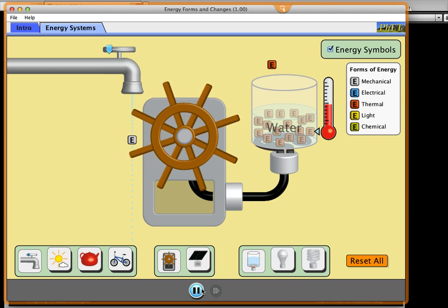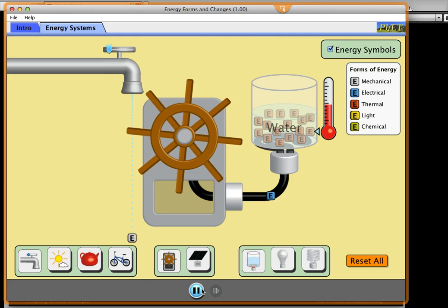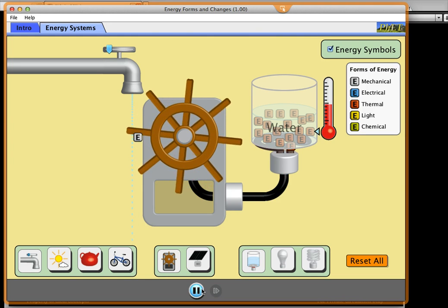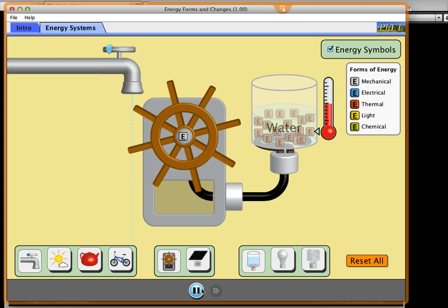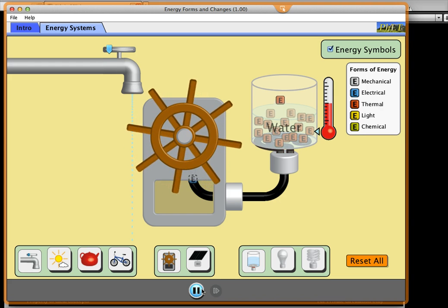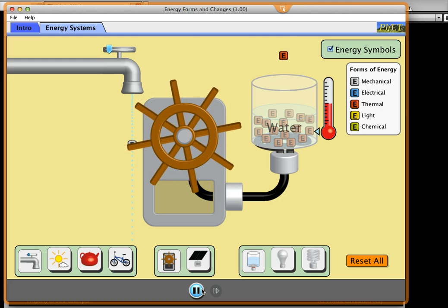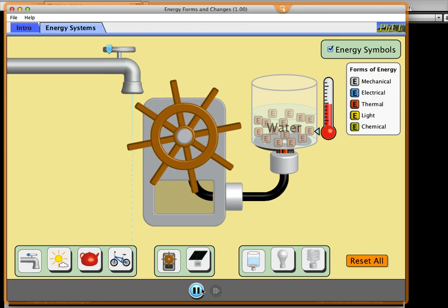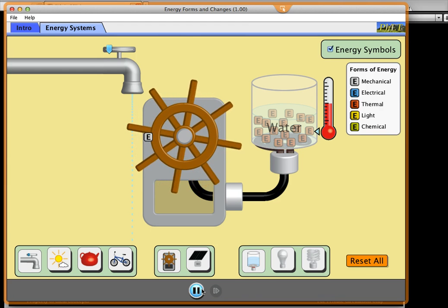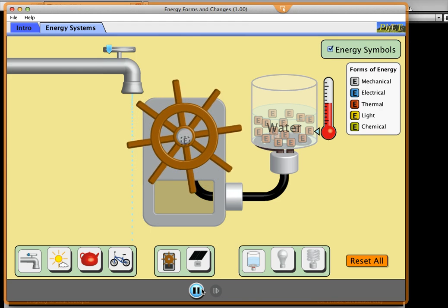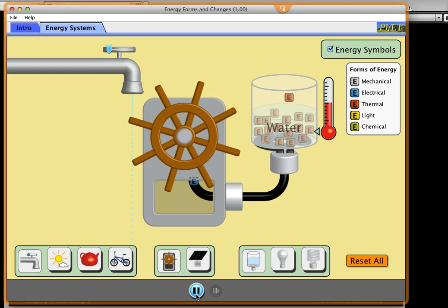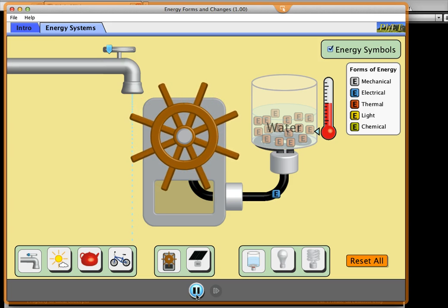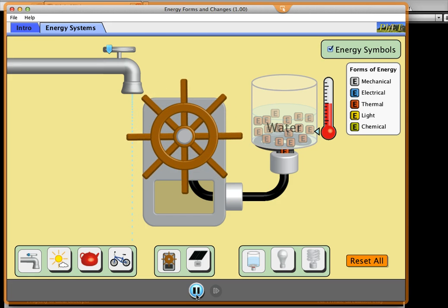One more lost to evaporation. 12. 13. One more lost. That's 14. 15. Okay, I'm just going to wait till this is done, till it finds its way. We lose one more to evaporation. There.